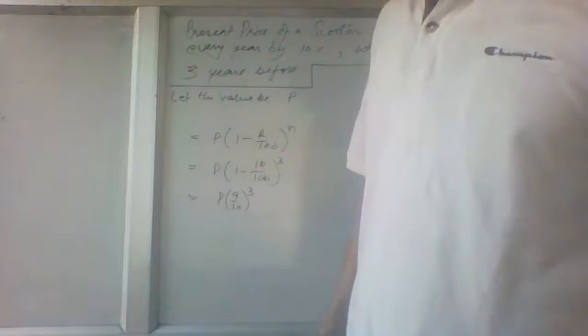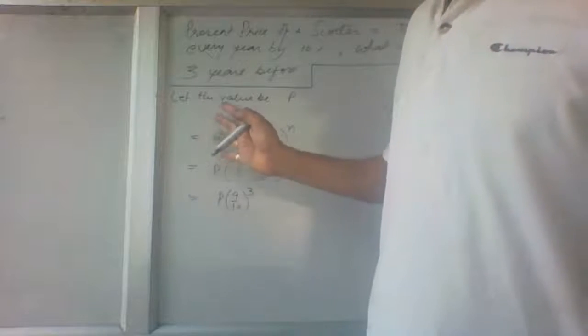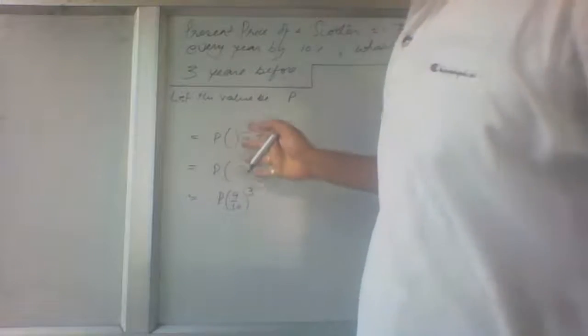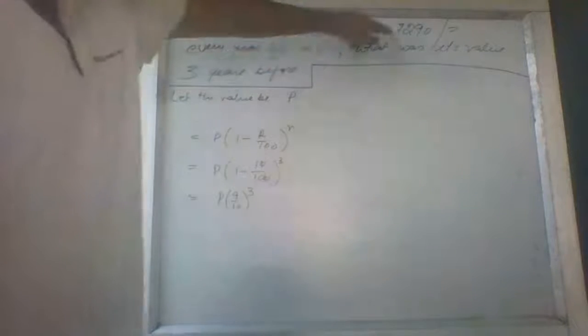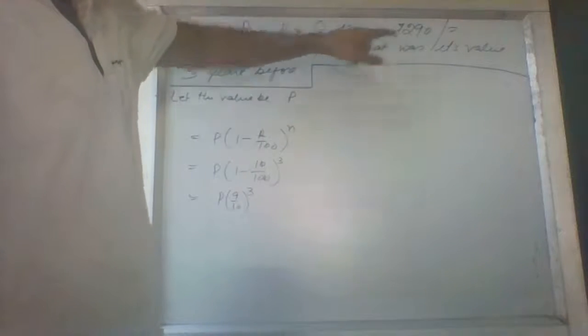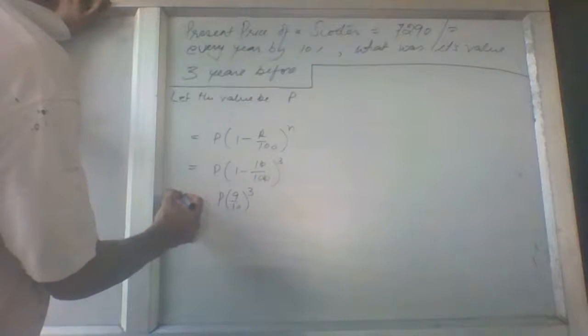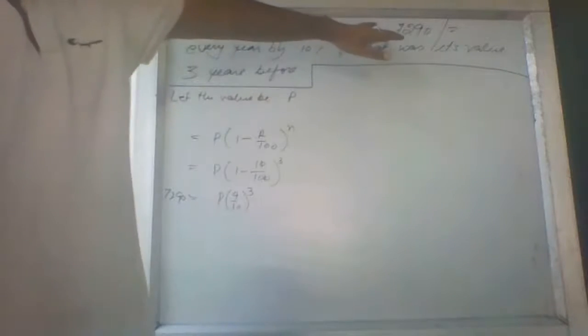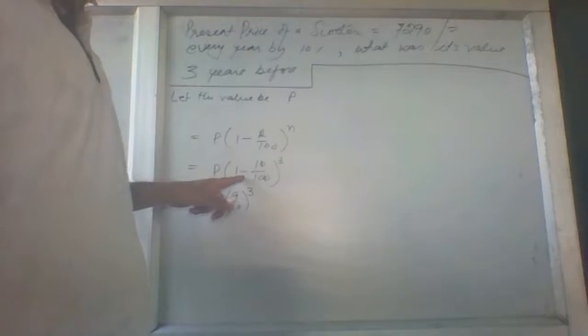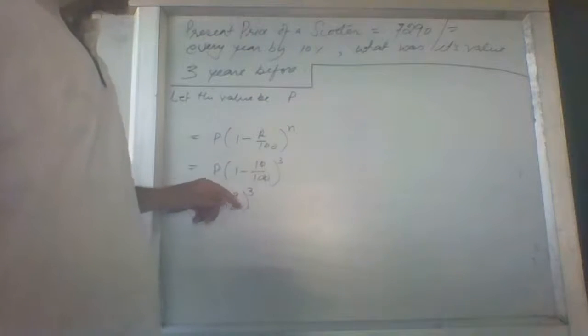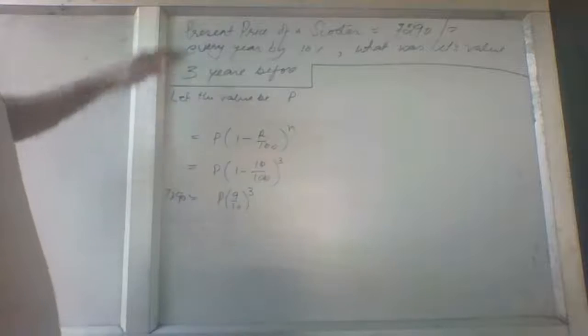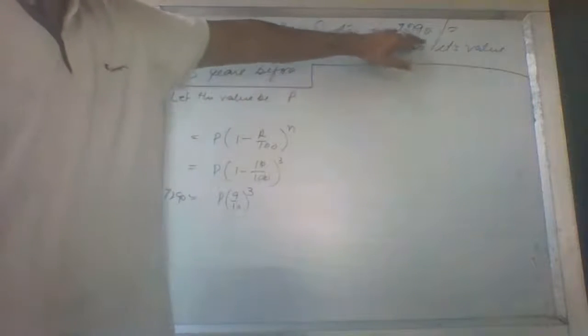But it is given that its present value is 7,290 rupees. Since we have used minus, this will become the amount. Why will this become the amount? Because we have depreciated, and today we have reached here. The present price of the scooter is 7,290.